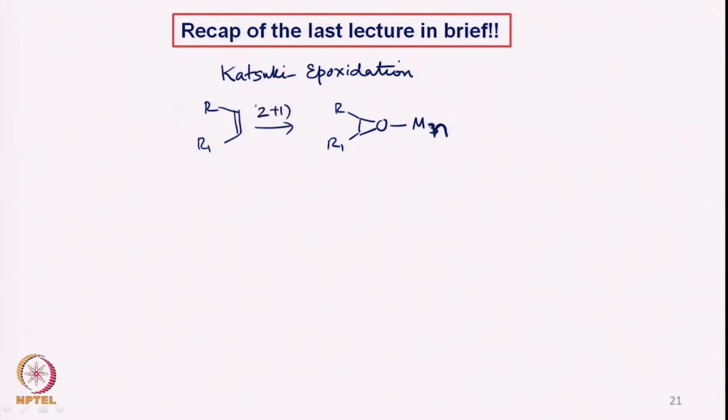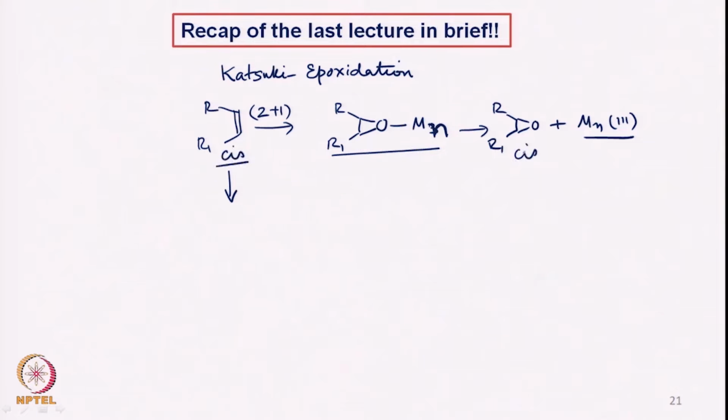That means it gives you a 2+1 concerted process, which allows the epoxidation to complete by the release of manganese 3. So we start with manganese 5 and then we release the manganese 3 upon epoxidation. We also saw that since cis olefin gives cis epoxide, this type of concerted process is important.